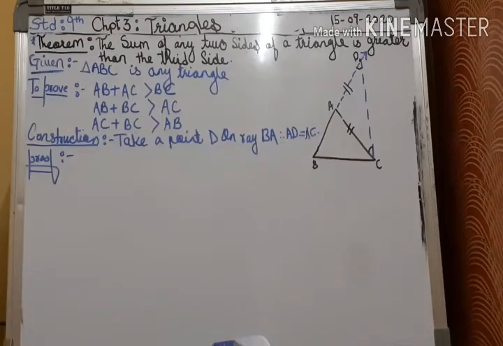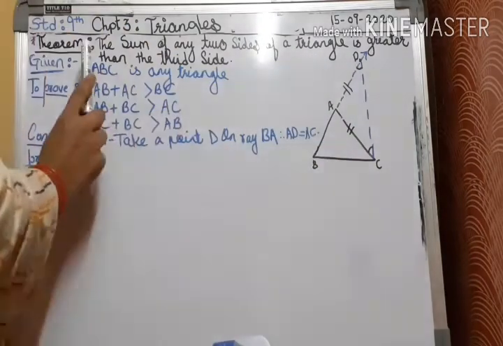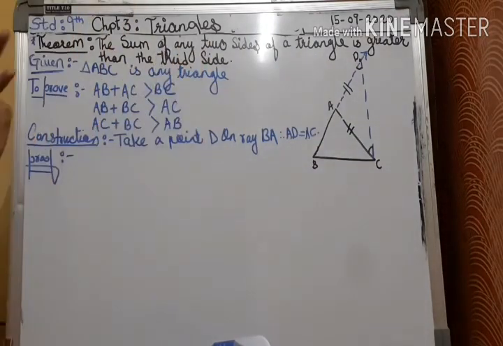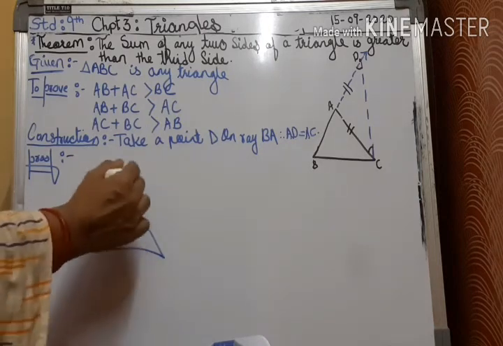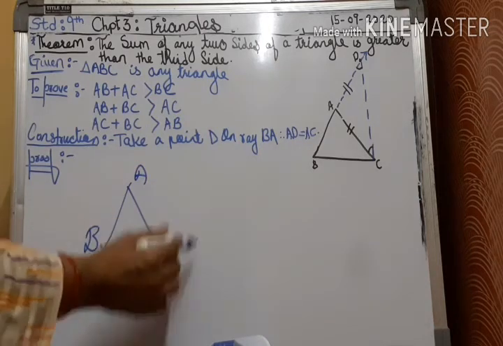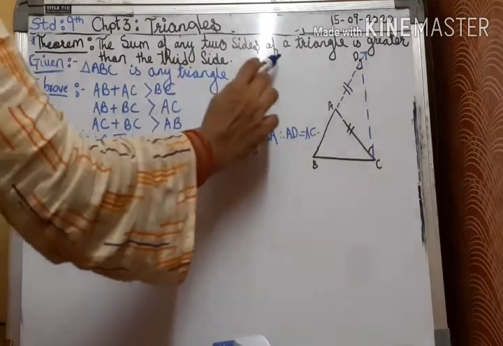Next theorem: the sum of any two sides of a triangle is greater than the third side. That means if we add up any two sides of the triangle, that sum is greater than the other third side. For example, we take one triangle ABC. The sum of any two sides of a triangle.